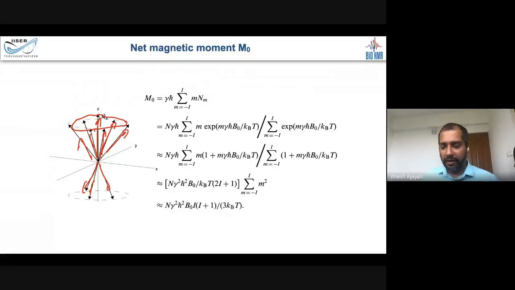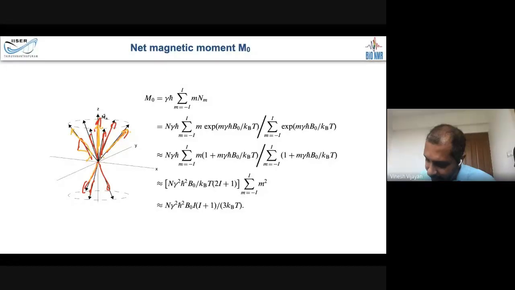Because we use a random phase assumption, the xy component of this vector, for example, will cancel out the xy component of this vector, and only the z component gets added up.